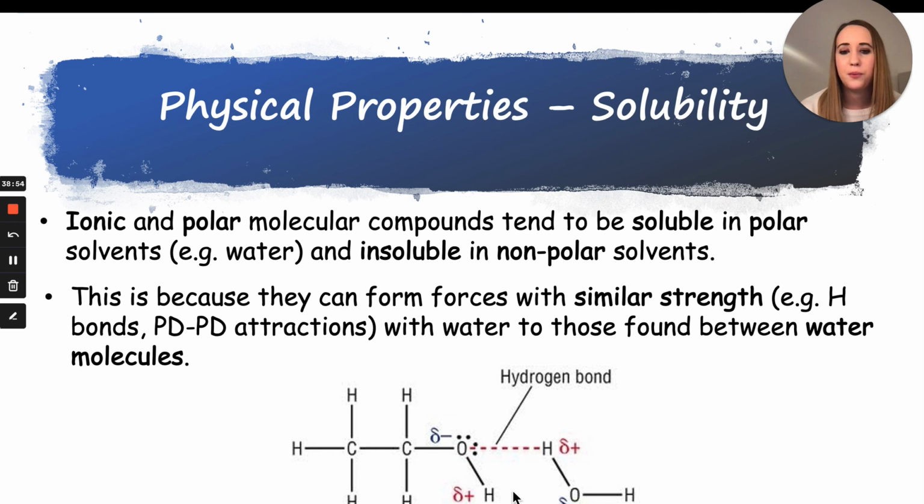Okay, so the little example here is showing you ethanol, the alcohol, which has got this OH bond, so it can form hydrogen bonds. Water, we know, can form hydrogen bonds, so the two of them can form hydrogen bonds, intermolecular forces to each other, which allows them to mix together.